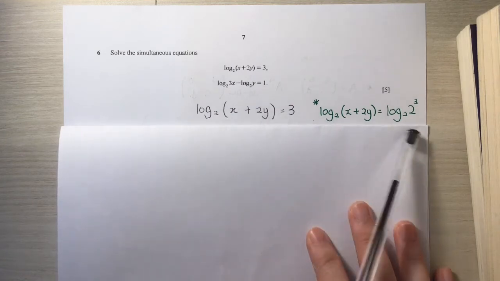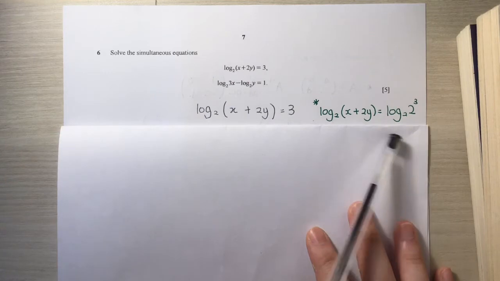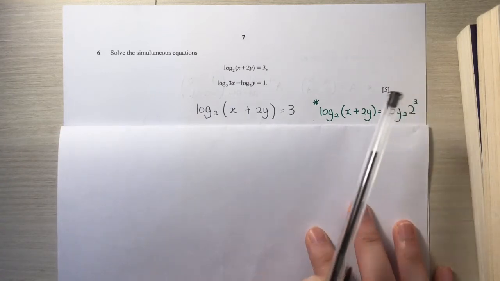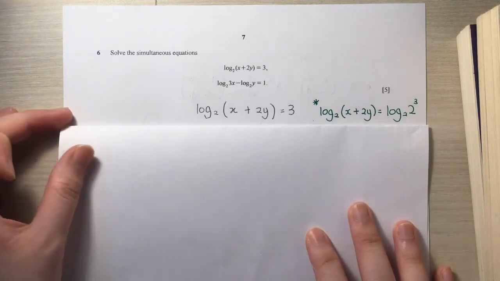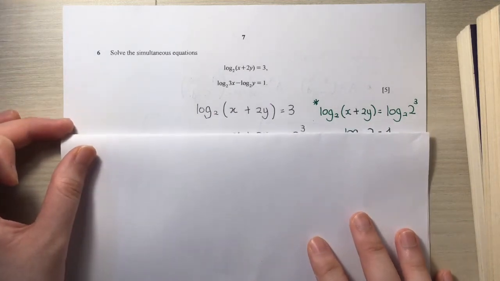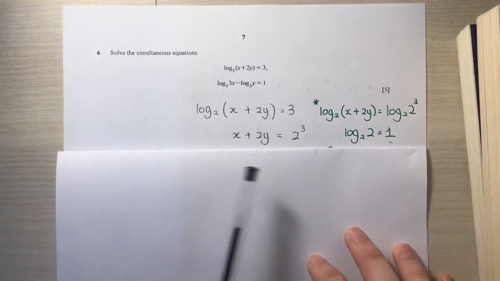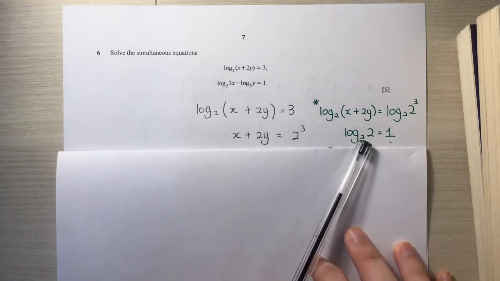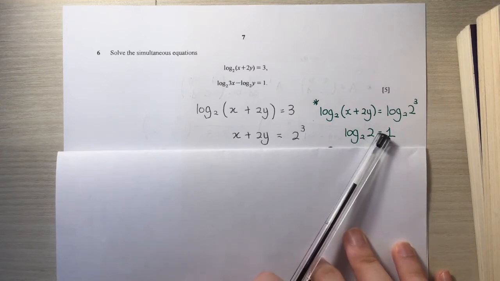If we write it in this way, then it's easier for us to know that basically 2 to the power of 3 will equal x plus 2y. So this is the basic rule of using a logarithm. The log with its base of 2 and 2 will give us 1.